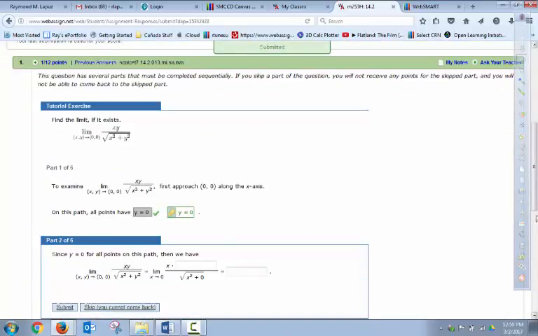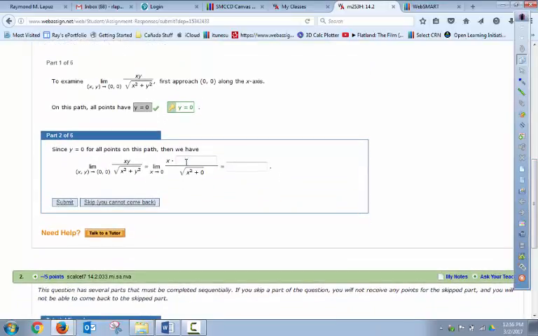Now that y is equal to 0, what you're going to do is literally put 0 in for all those places where you see a y. And then they have 0 here already. So then 0 over the square root of x squared is going to be 0 before you even take the limit.